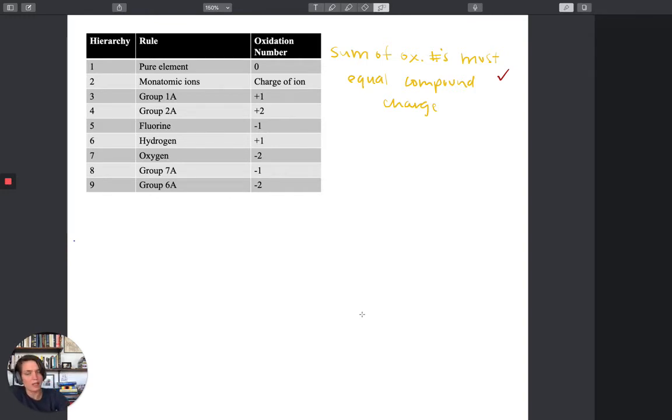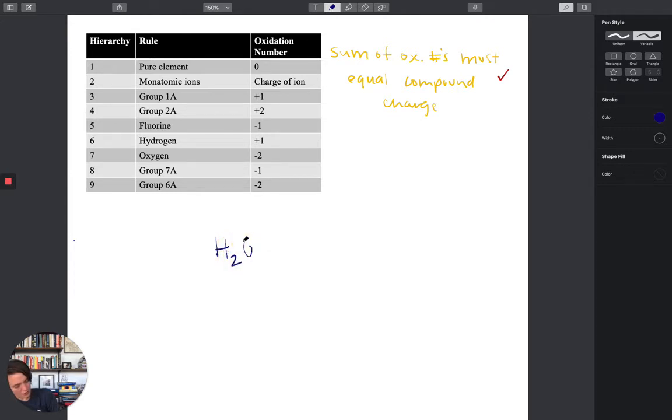Okay, then we have our hydrogen. So hydrogen is going to be a positive 1, so let's just look at H2O, positive 1 for hydrogen. So the total contribution is positive 2, which means that the oxidation number for oxygen would be negative 2.